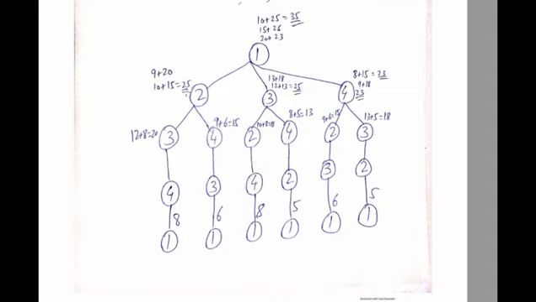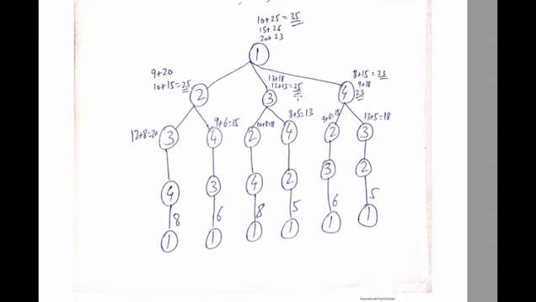Then if the salesperson is at the vertex 3, then we will check what is the distance from 3 to 2. 3 to 2, that is 13. 13 plus 18, that gives us 31. 3 to 4, what is the distance? That is 12. 12 plus 13 is equal to 25. The minimum is 25, so we will take 25, right?